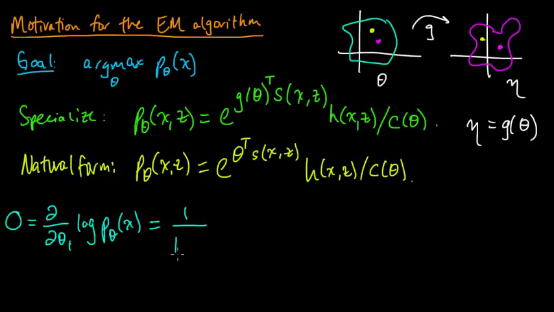So we get 1 over p theta of x times the derivative of p theta of x. Let's go ahead and expand p theta of x as a sum, so we'll have the sum of the derivatives over all z's. Now we need an expression for this derivative.